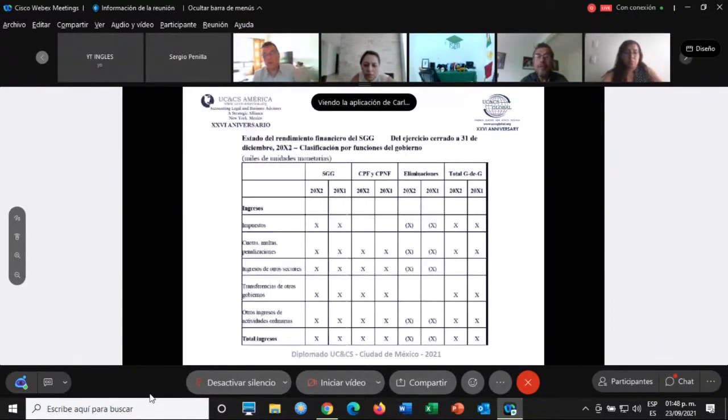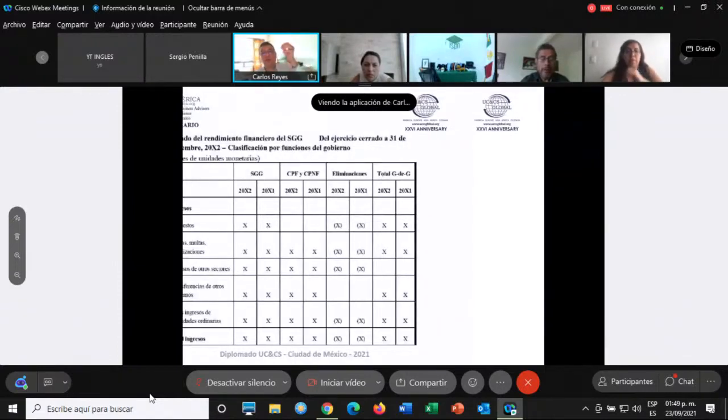Also, in the P&L, as we previously indicated, they are segregated by activity: taxes, penalties, fines, other sector revenue, other government transfers, other income, by category as we previously indicated.